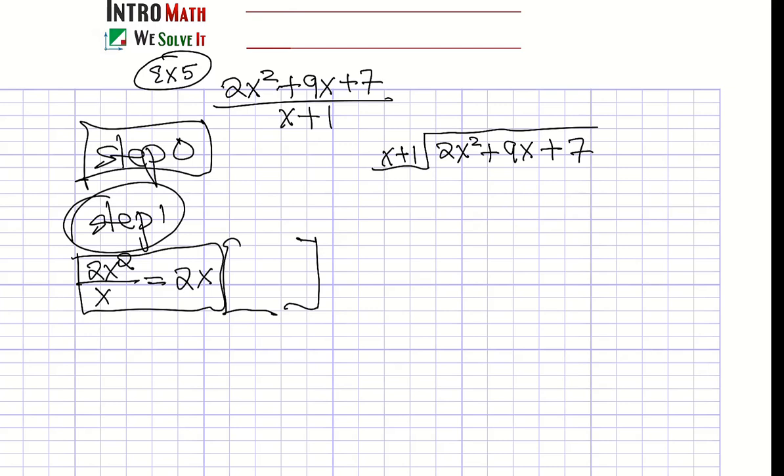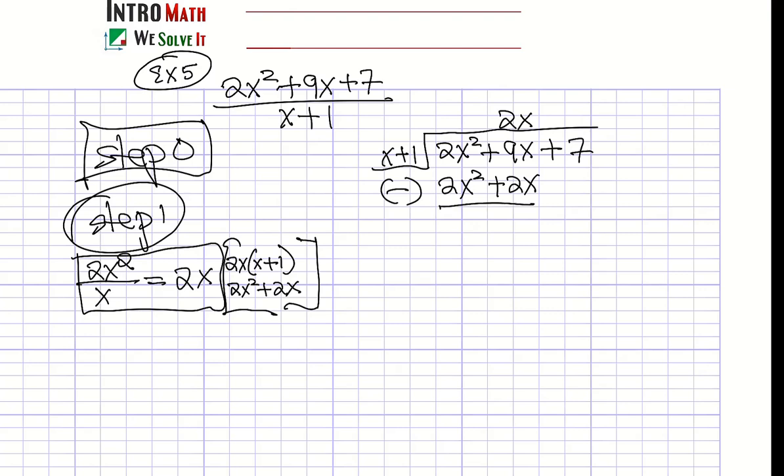Once we get that, we'll write it down here, 2x, and we'll say 2x times the divisor. The result is 2x squared plus 2x. You see that, right? Okay, so we'll write that down, 2x squared plus 2x, and we'll subtract that. You see how I'm doing it?